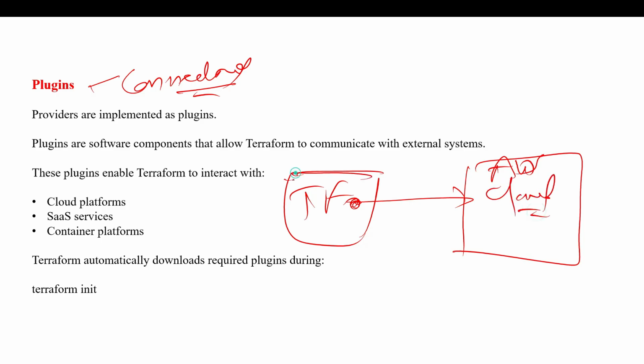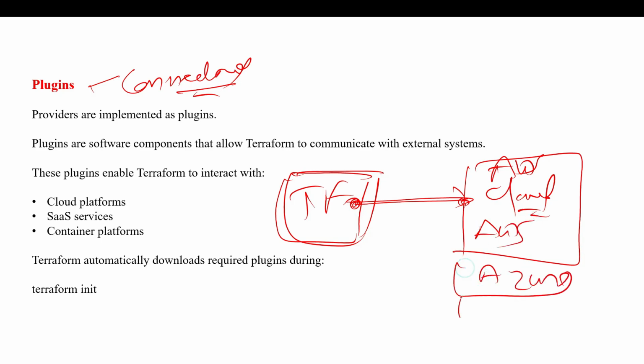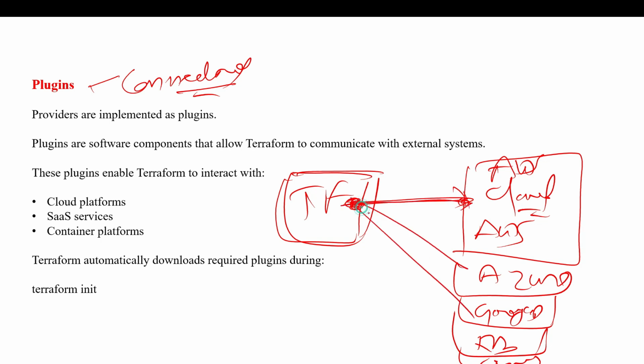So this Terraform is going to connect to the AWS cloud. Maybe you are using the Azure cloud, or the Google cloud, GCP, or it could be your IBM cloud, or your Oracle cloud. So your Terraform needs to connect to each and every cloud service provider, right?